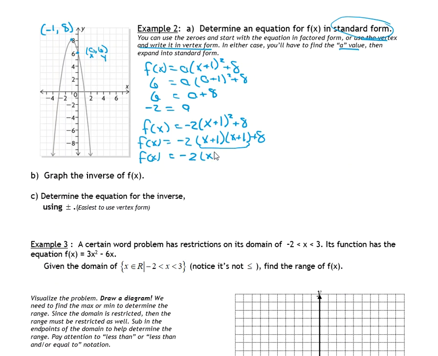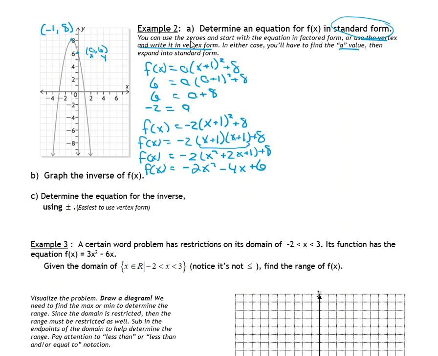That will give me x squared plus 2x plus 1, plus 8, and I'm running out of room. f of x equals, distributing in, I get -2x squared, and then -4x, and then I'll have -2, but I also have a plus 8 out there, so -2 plus 8 is plus 6. So there's my answer in standard form.